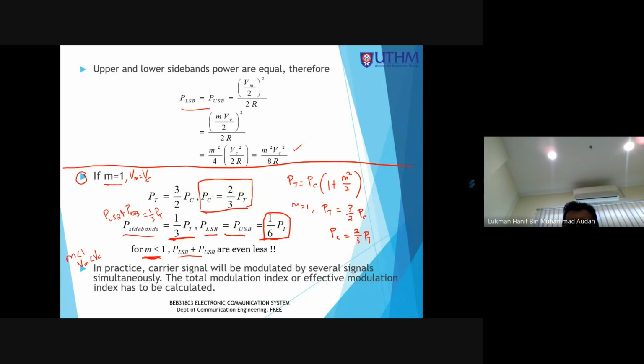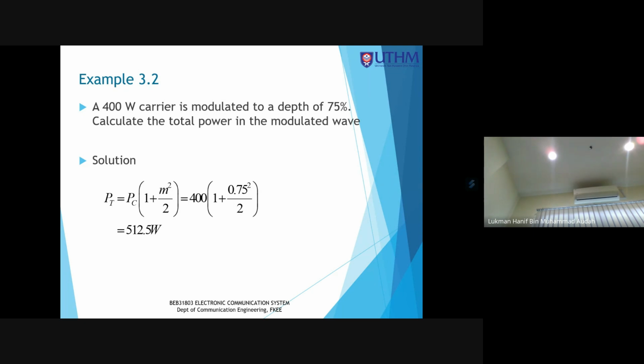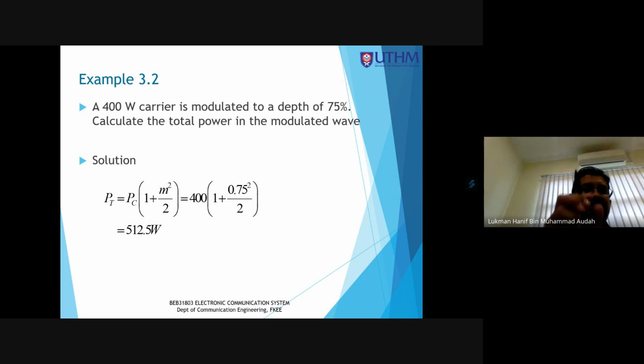So let's do example 3.2. A 400 watt carrier is modulated to a depth of 75%. Calculate the total power in the modulated wave. What does it mean? You are given a carrier power PC, and you are given a depth parameter.